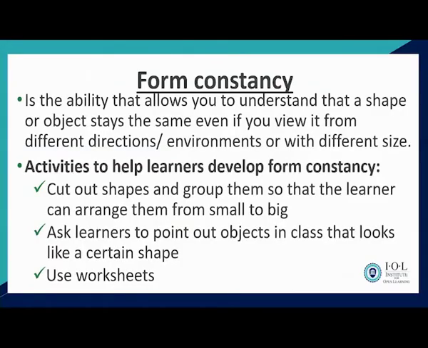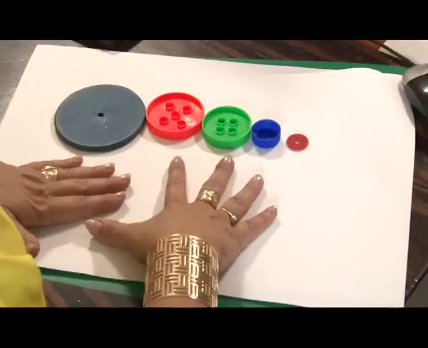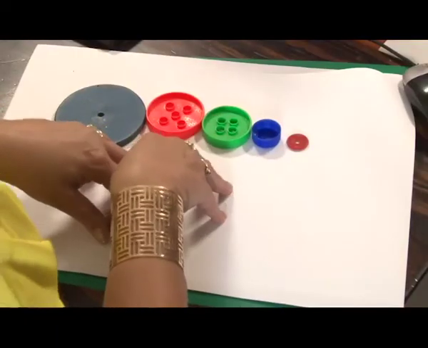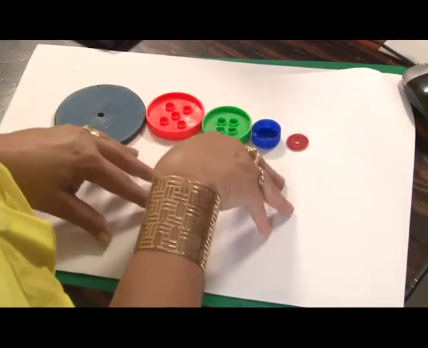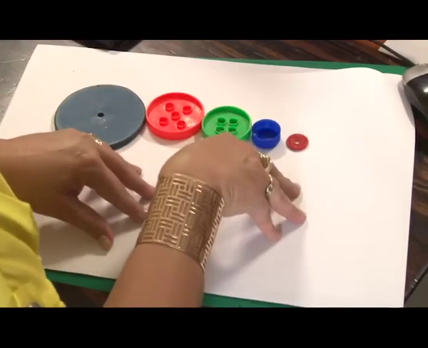And then I ask the learners to point to objects in the class that look like a certain shape. So I ask the learners, can you identify another object in class that is the same shape? The learner might say the clock in the class, maybe the teacher's plate on the table, whatever round objects there are in class, so they identify.